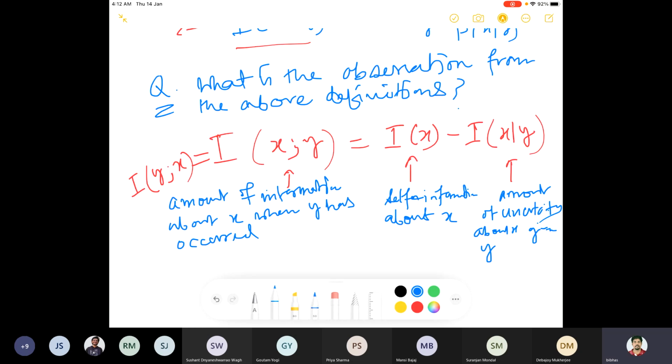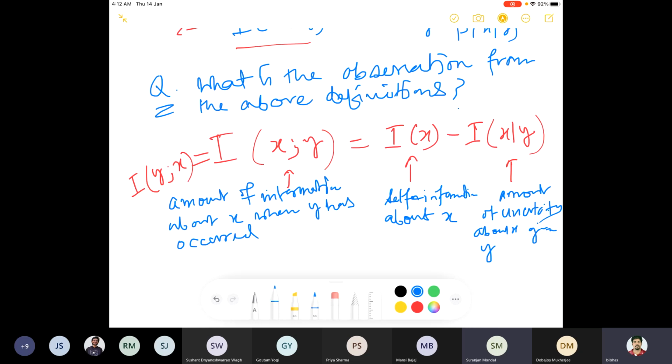Does it make sense, or do I need to discuss more about it? So can you explain that amount of uncertainty about x given y? Why is that a self information of x given y?